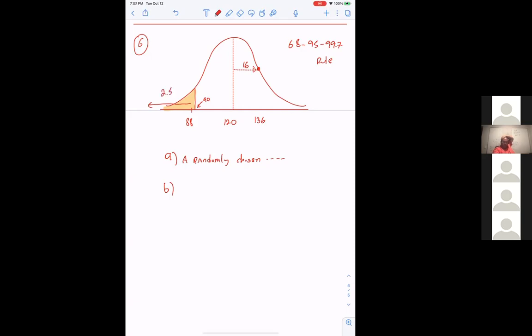So 2.5% would be from 88. But I want it from 90. So what's a better answer than 2.5%? Three percent. Okay, approximately 3%. That sounds a little better. Just something a little more than 2.5. Yes, no?